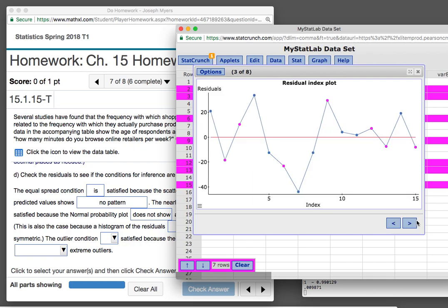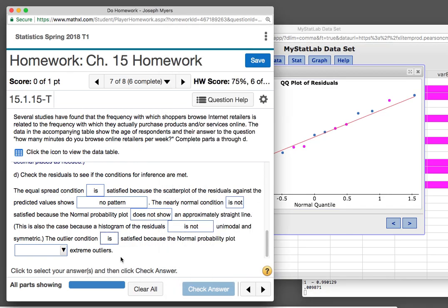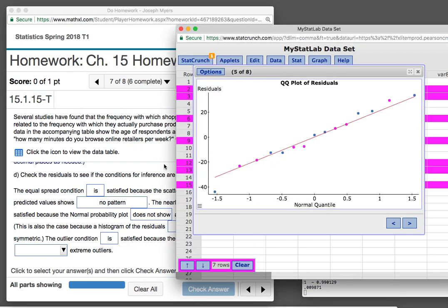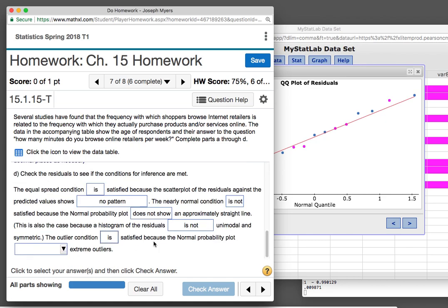Let's look back at the normal probability plot. I don't really see any extreme outliers on there. So I'd say the outlier condition is fine. You could also look at the scatter plot. I don't remember seeing any outliers on the scatter plot either. So it does not show any extreme outliers.